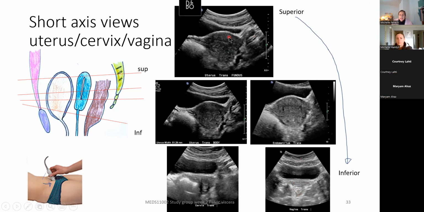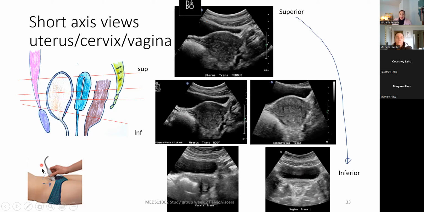So can you see that this is taking images from a superior, middle, and sort of inferior level as we've scanned through? So that's why you've got to think that we do a fan, because we have to scan through the urinary bladder and use that as an acoustic window.